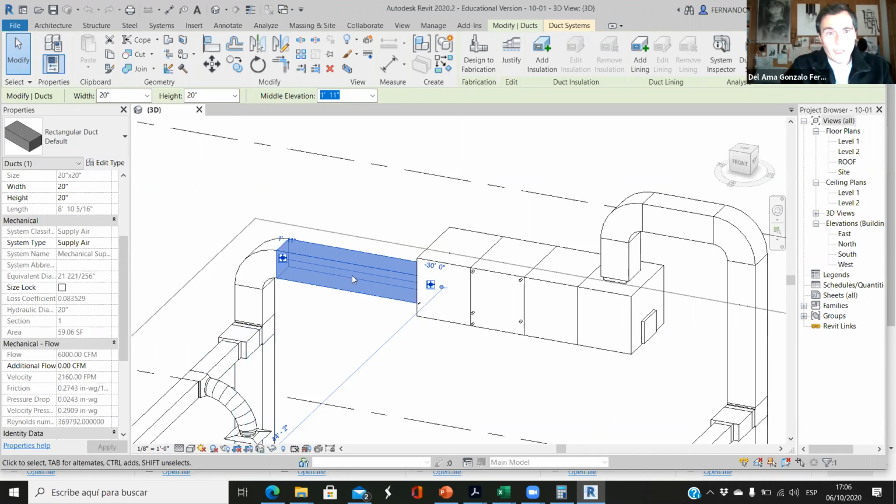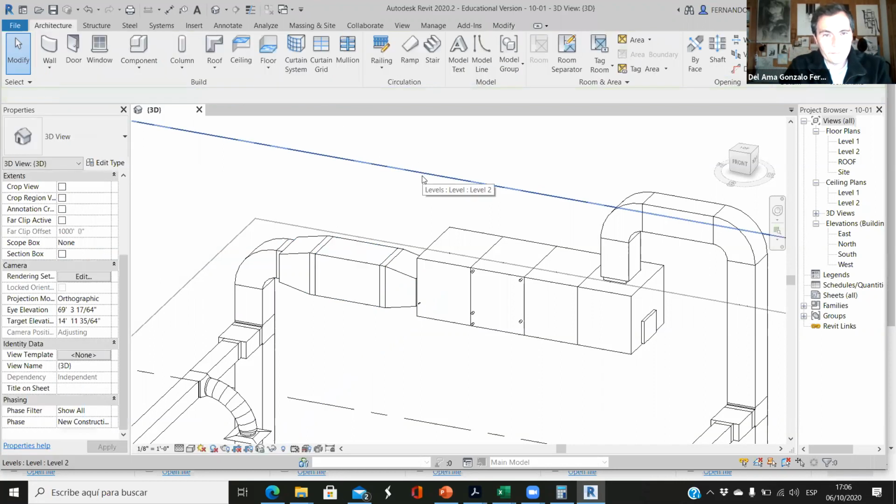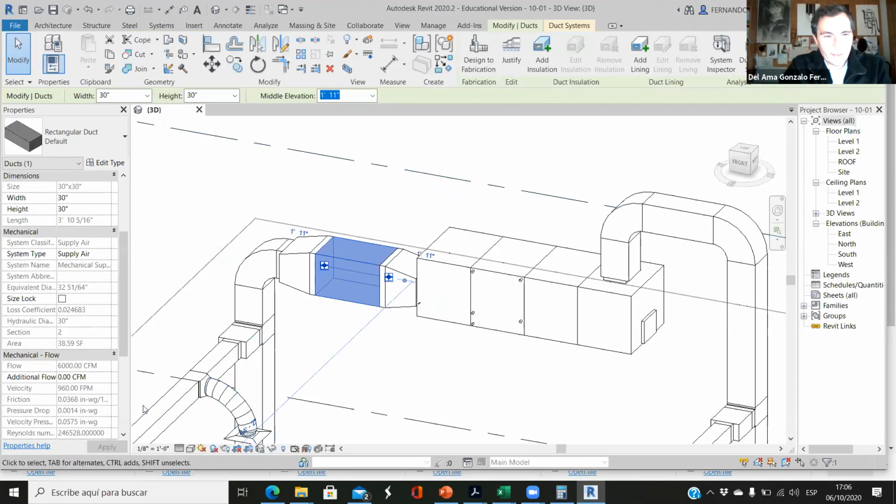What can we do? We have to make this duct bigger. So let's make it bigger, 30 by 30. Look. If we click here now, the velocity is 960. You see here, 960 feet per minute. Well, it makes sense because now it's within the limits.